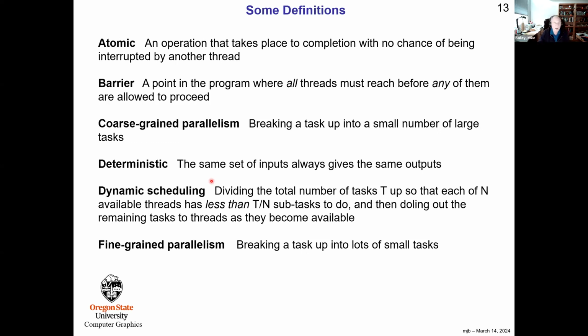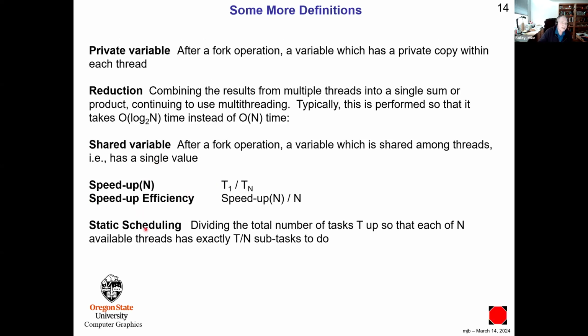This is in contrast to static scheduling, where you divide up the tasks exactly evenly. But that means if one of them finishes early because of the nature of the tasks, it has nothing to work on while all the others are doing the work. So dynamic scheduling is a way to recover some of those idle cycles.